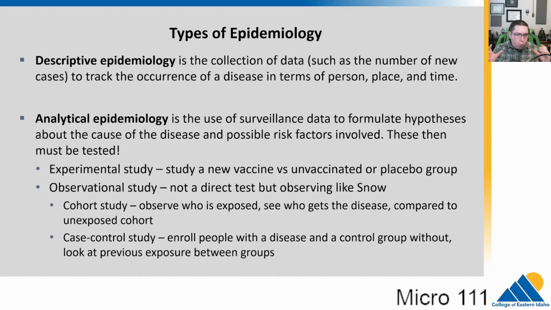Here we start with people with a disease. So we go, hey, do you have this disease, hepatitis or something like that? And then we recruit a group of people who don't have the disease. Then we look at their previous histories, where they've been, what they've been doing, who they work with, what kind of activities they engage in, and we try to identify differences between those groups that may have led to the disease. So in this case, a case control study for hepatitis, say it's being caused by intravenous drug infection, right?